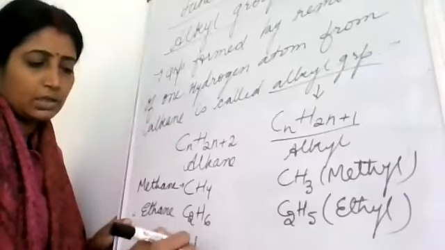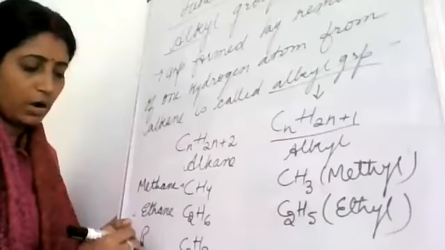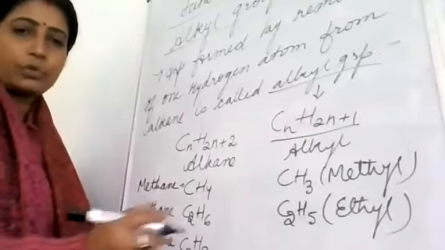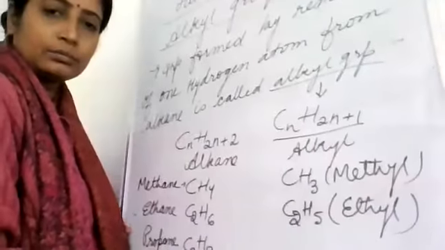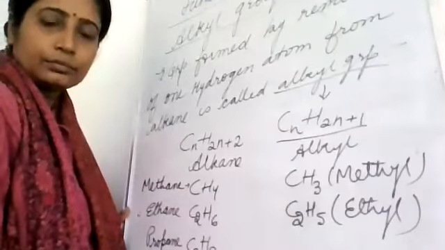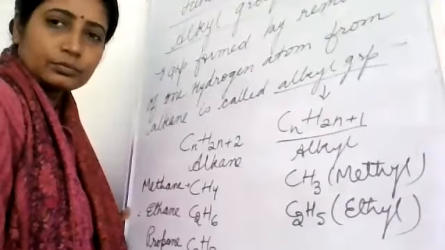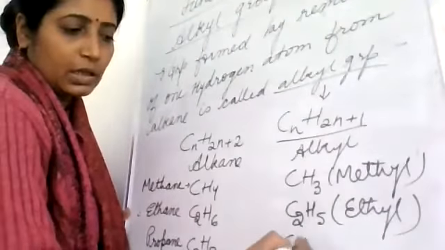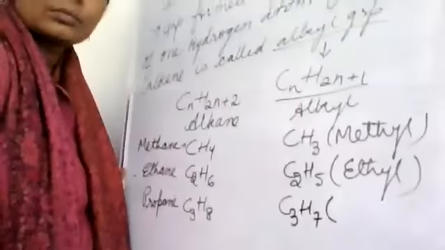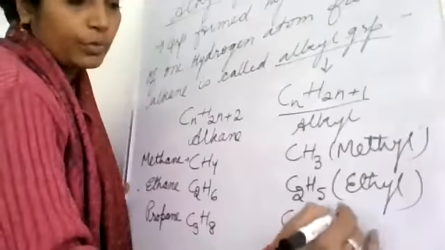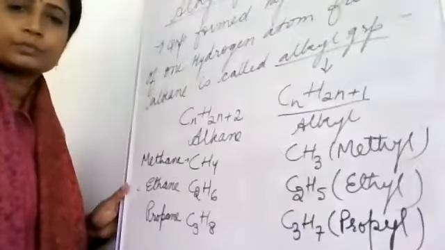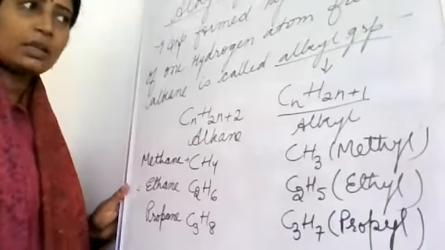C3H8. It will be propane. So here what will it become? C3H7. And what will be its name? Propyl. So you have understood this? Yes, ma'am. Alkyl group is clear.